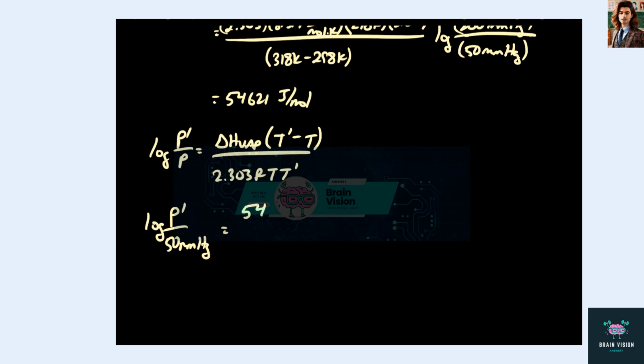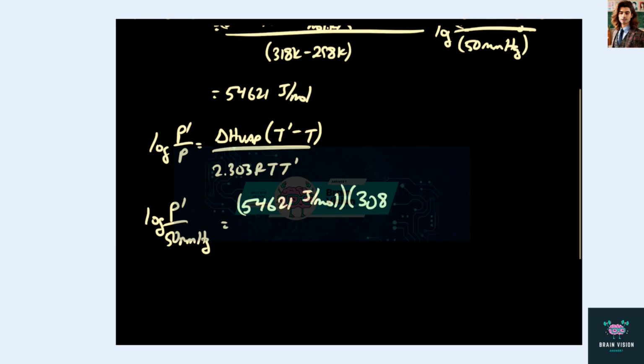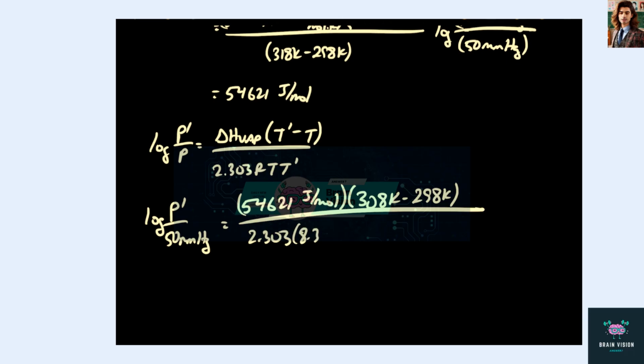Delta H vaporization is 54,621 joules per mole. T prime is now 35 degrees Celsius or 308 Kelvin, minus 298 Kelvin, 25 degrees Celsius, over 2.303 times 8.314 joules per mole Kelvin.